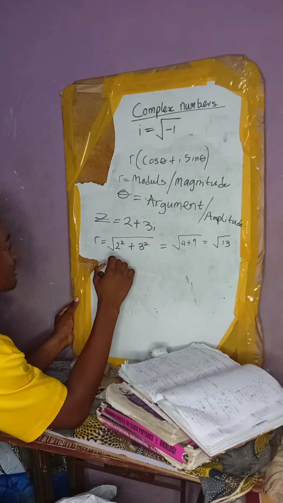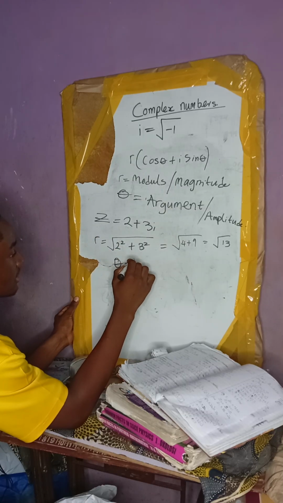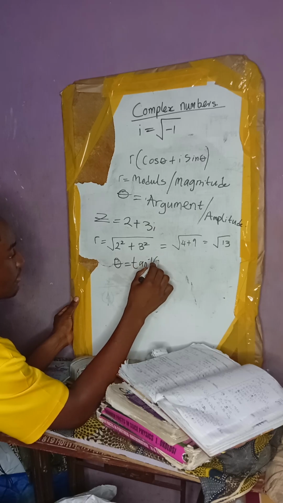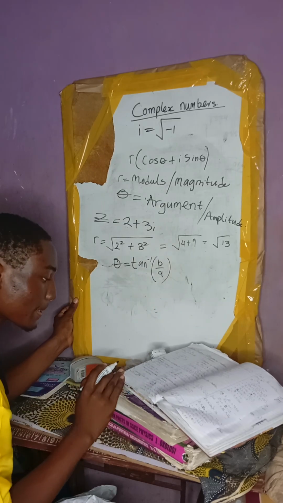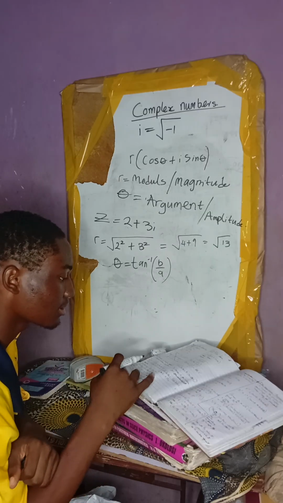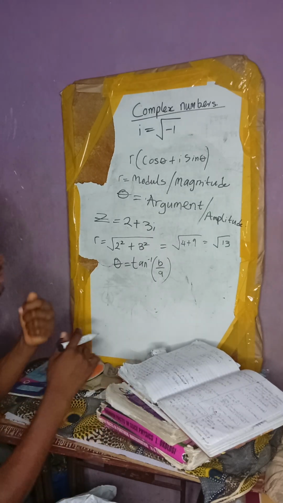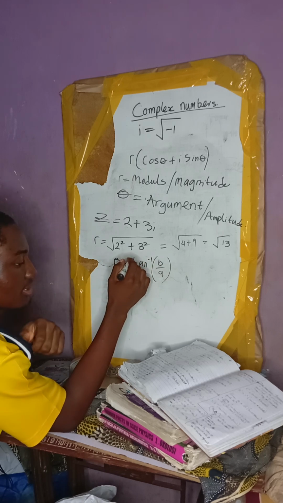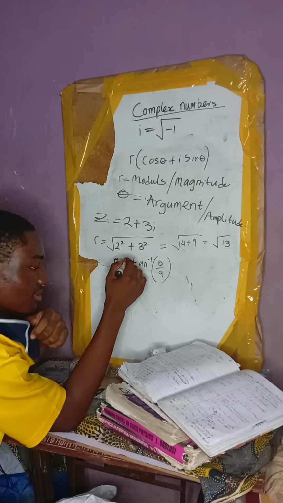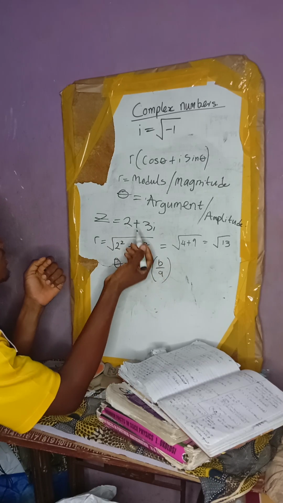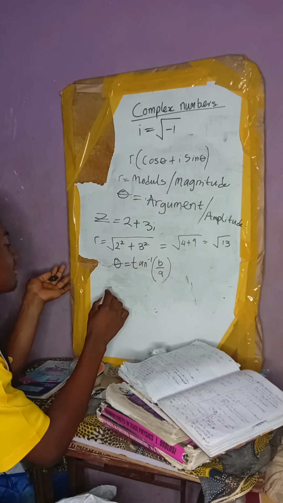Now to find your argument, you use this method. You use tan inverse of your b over your a. Yeah, your b over your a. Or you can even represent this using y. It's not a must that it be a and b.